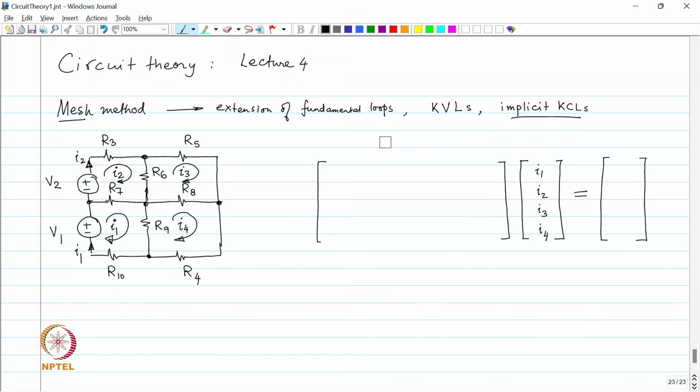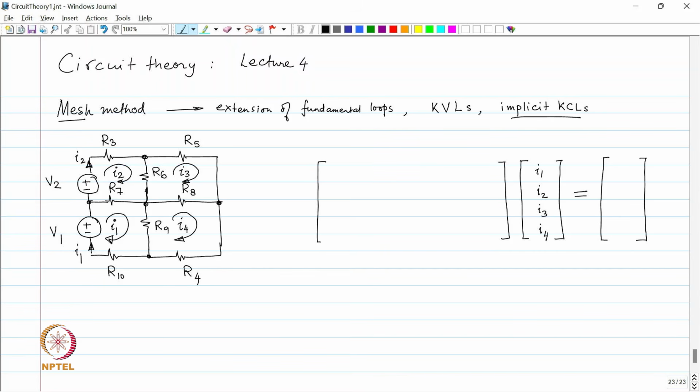All right. Now, let us look at mesh number 1. We do it in order, and we are always going to follow the arrow that we have drawn. We have drawn 4 mesh currents with 4 arrows. So, we are going to follow those arrows.